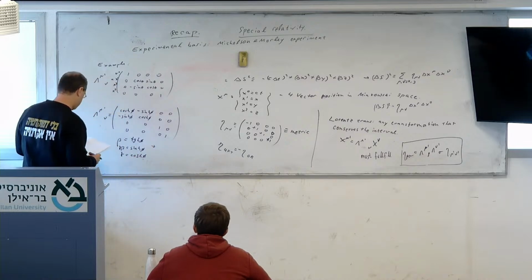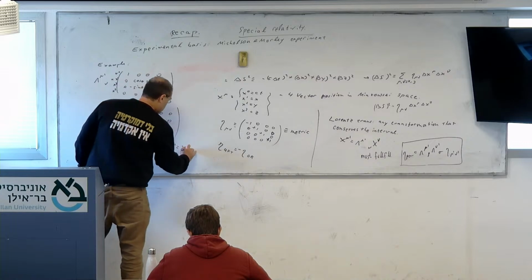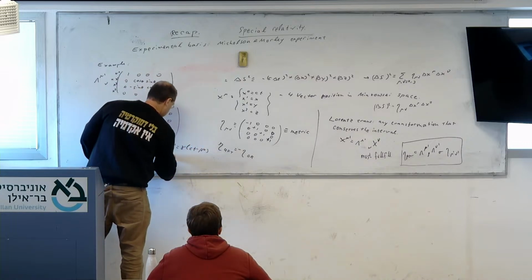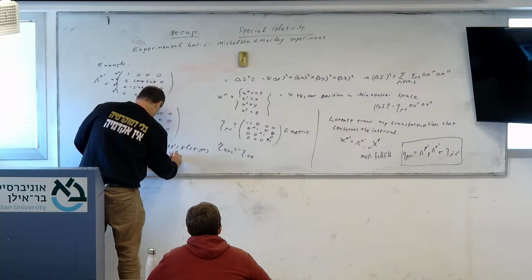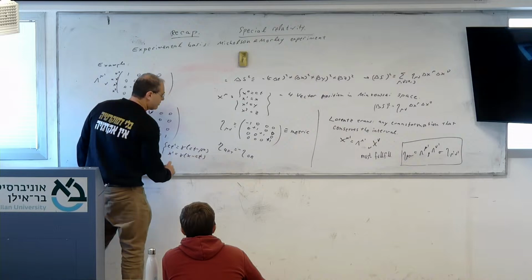That gives you what you're familiar with: Ct prime is equal to gamma (Ct minus beta x), and x prime is gamma (x minus beta Ct). These are things you're familiar with.